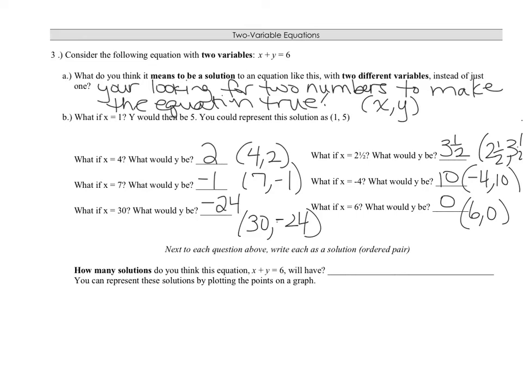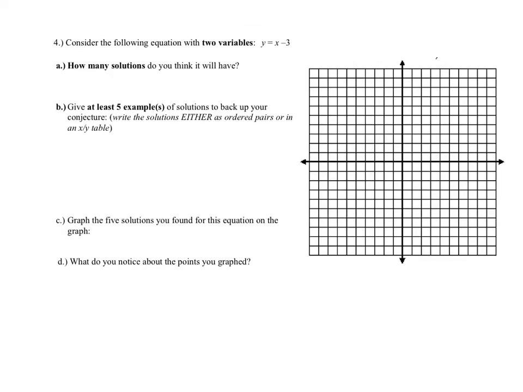So like we've already found 7 of the solutions. There's an infinite number of solutions here. So you could say infinite with the word, or you can write the infinity symbol. Either one is correct. And then these solutions can be represented on the coordinate plane by plotting points.